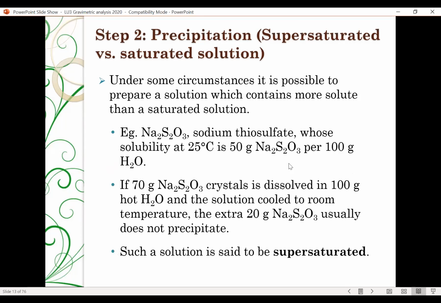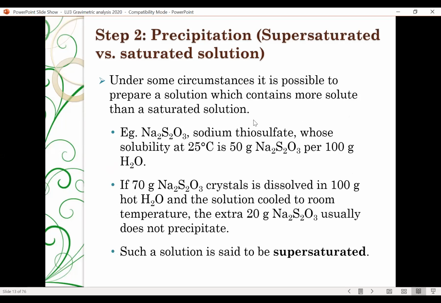So now what is supersaturated solution? Under some circumstances, it is possible to prepare a solution which contains more solute than a saturated solution. It is already saturated, but you can actually add more solute to be soluble into the solution.